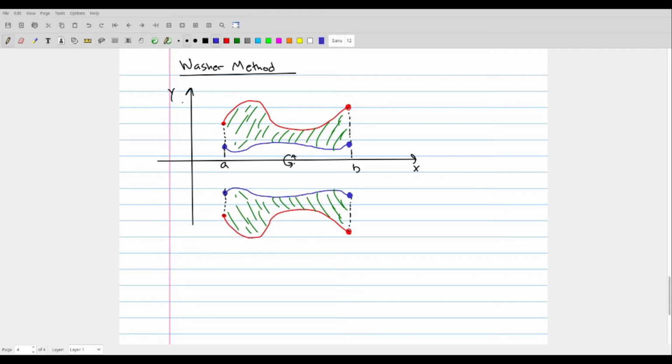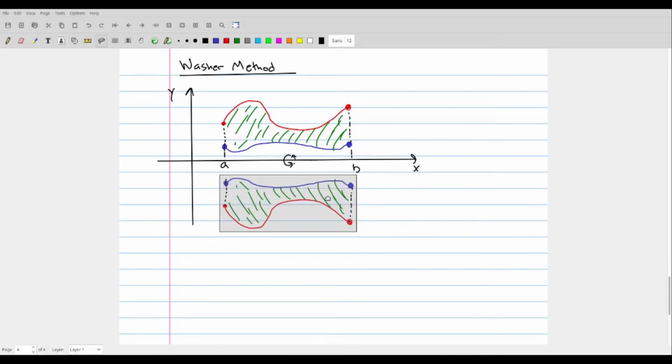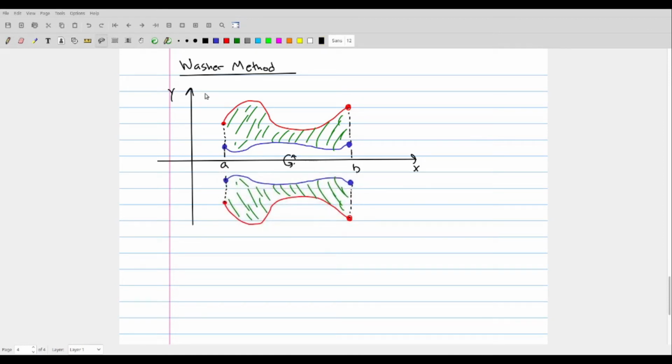Specifically the blue. I'll raise it up a little bit more. Where the blue function, or the lower function, is the inner function, and the red function is the outer function.